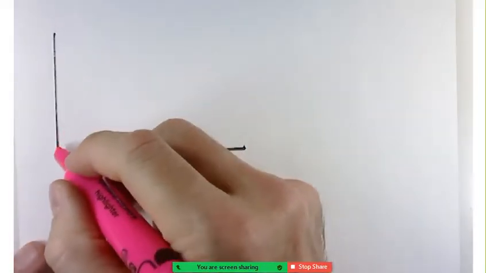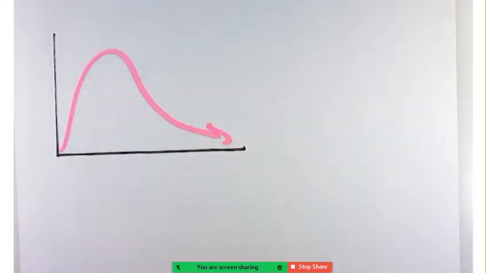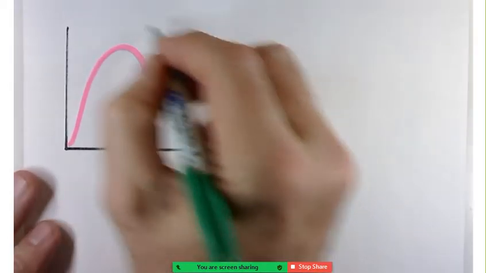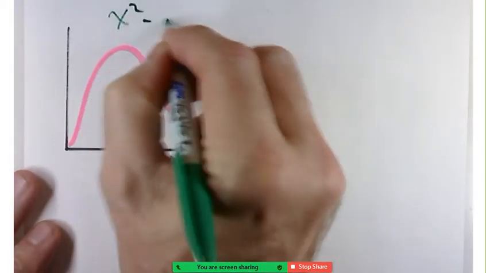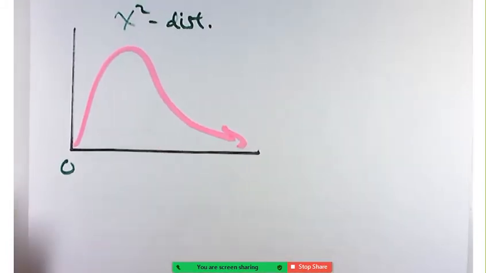All right, so the thing about the chi-square distribution is that it's not symmetric. It changes with degrees of freedom, just like the t distribution. So this is your chi-square distribution. It starts at 0 and then moves out towards infinity, so it can't be symmetric.